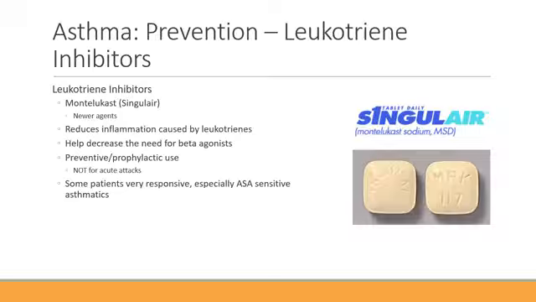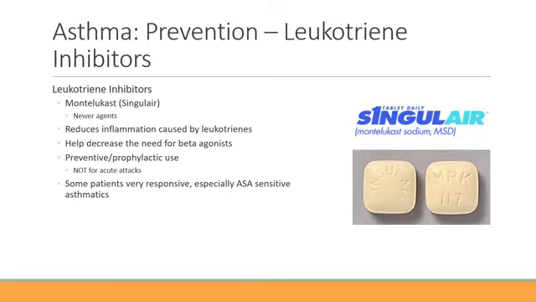And so if you remember back to your cell membrane breakdown and metabolism, we've got two different branches, and one of them is the production of leukotrienes. Leukotrienes by themselves can cause asthmatic attacks. And so the thought here is if we reduce the production of leukotrienes, then we're going to reduce the inflammation and hopefully help make the patient's asthma better.